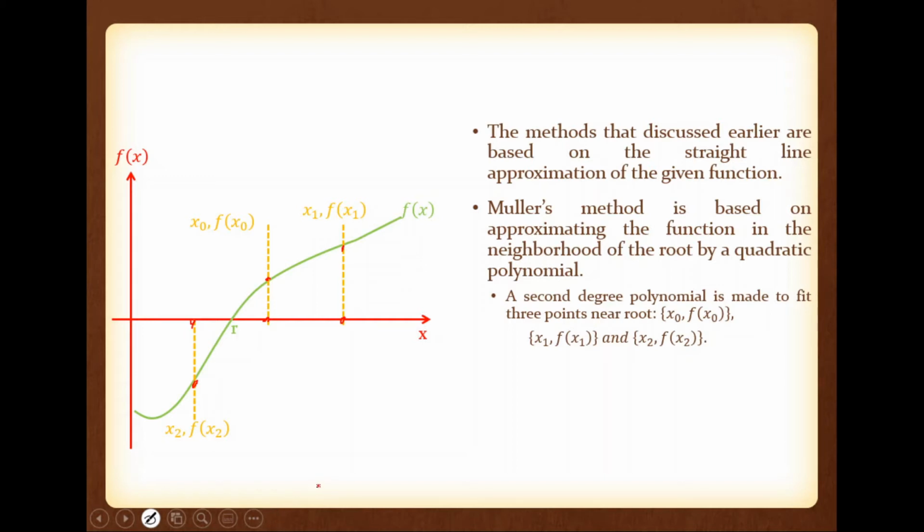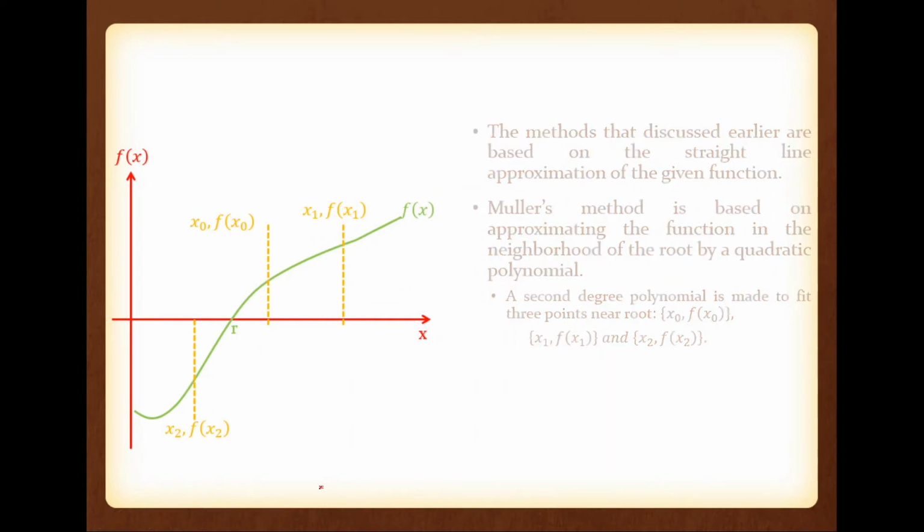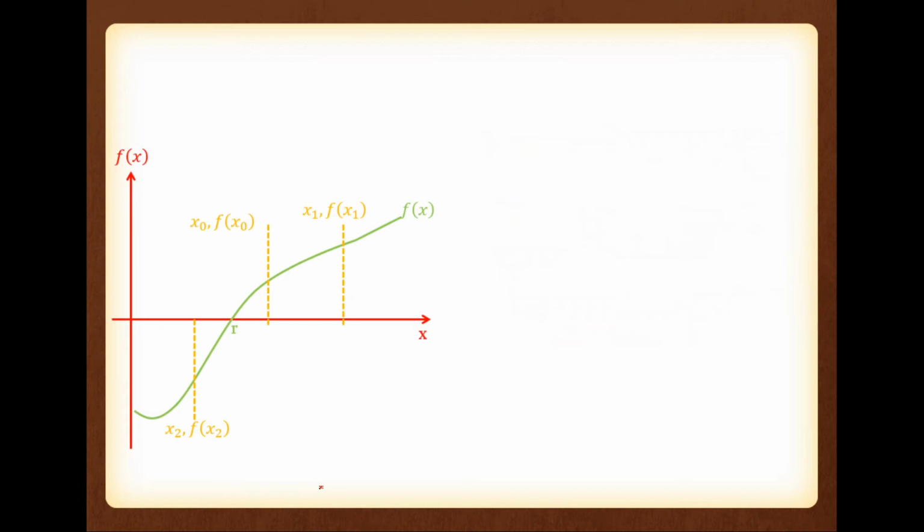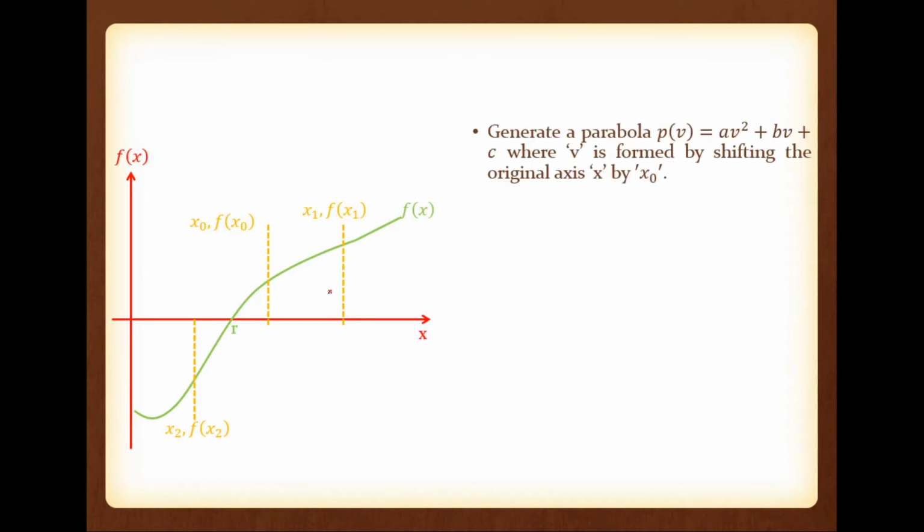Now we are going to approximate this function f of x by using a quadratic polynomial. For that purpose, first we are shifting the origin, here the origin is 0, 0, to x0, 0 by taking v equal to x minus x0.